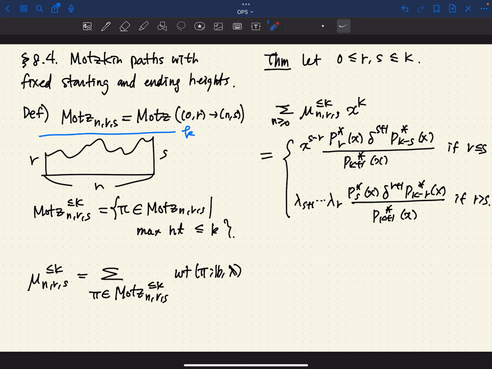So you see, if both r and s are equal to 0, then they all disappear, and we have only one delta. This is exactly the thing that we saw before, so it's a generalization. So there are several proofs. First, we can give a combinatorial meaning to this.